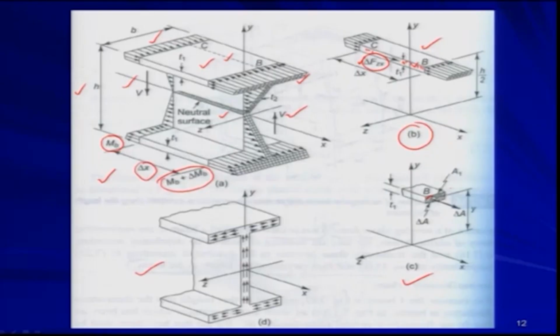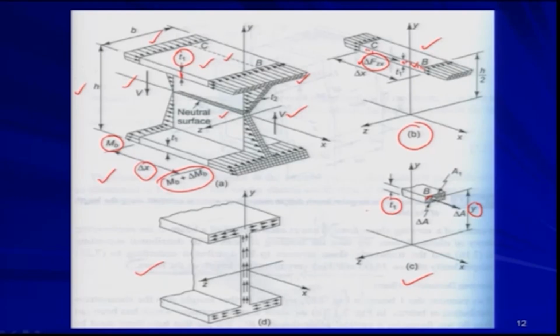That means this area is lying y distance apart from the z axis, and if you know this area, you can determine the first moment of that area. And the thickness of the flange is say T1, as shown here also. So, T1 is the thickness of the flange.